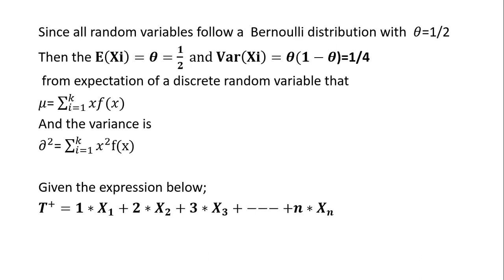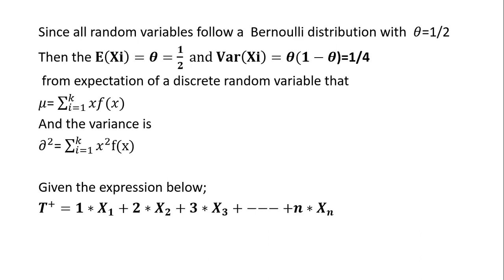The mean is the expected value, the sum of x times f of x, and since there are many random variables, we shall look at the sum of the first up to the last random variable times its distribution, f of x. The variance is based on x squared f of x. Since these are n different random variables, we shall also look at the sum of the squared ranks times their probabilities.